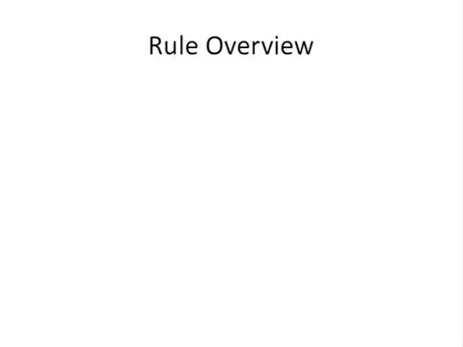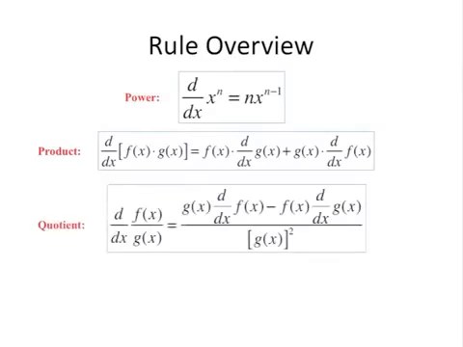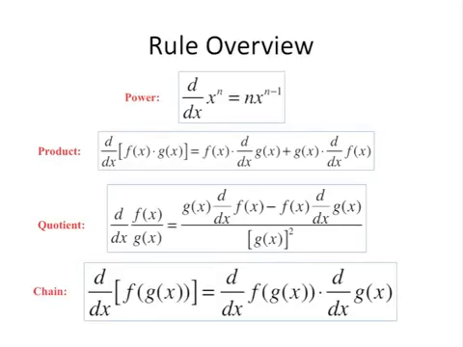Next up, I'm just going to go over the rule overview for you. So here we have the power rule overview, product rule overview, quotient rule overview, and the chain rule overview. Those are simply all the general forms of each, and they're very helpful to memorize, and if you need little mnemonic things to help you memorize them, it helps a lot. Product rule: first times derivative of the second plus second times derivative of the first.